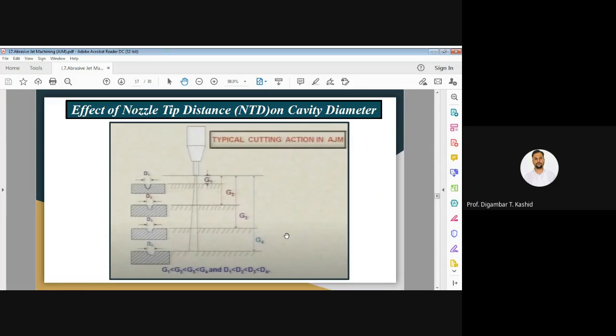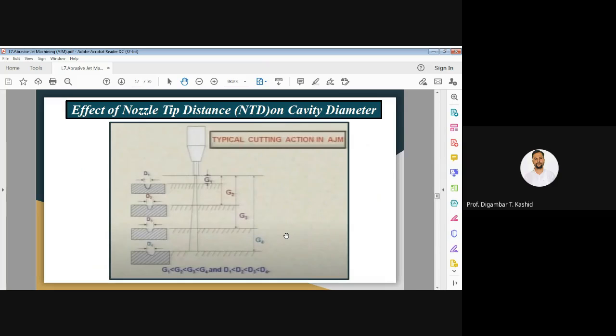Please remember, the most important point is that if you change your workpiece material, then for different workpiece material there will be a different nozzle tip distance. The abrasive particles will also be different.